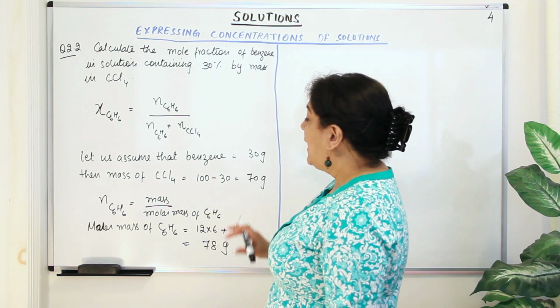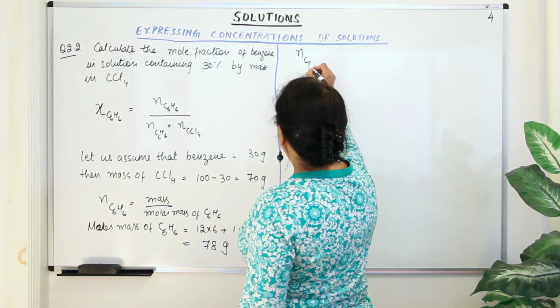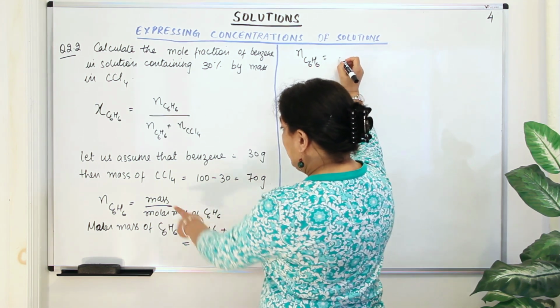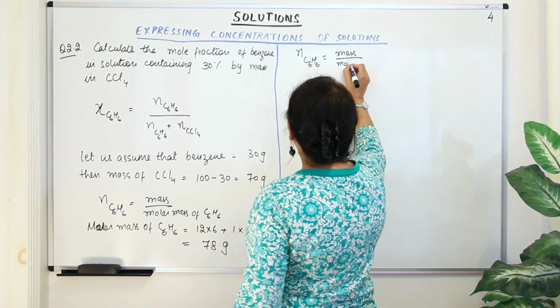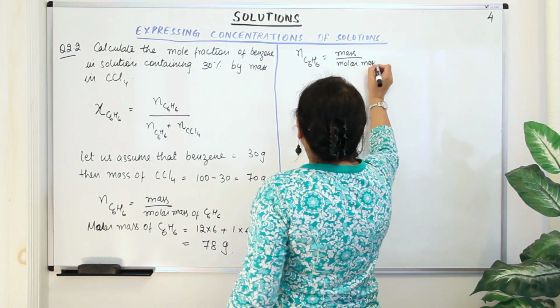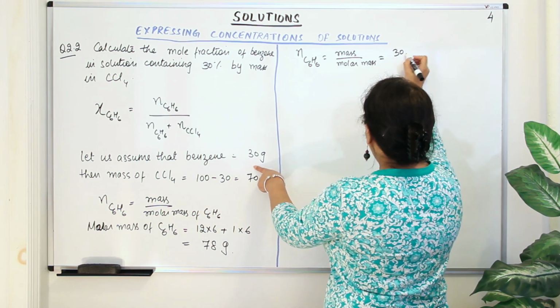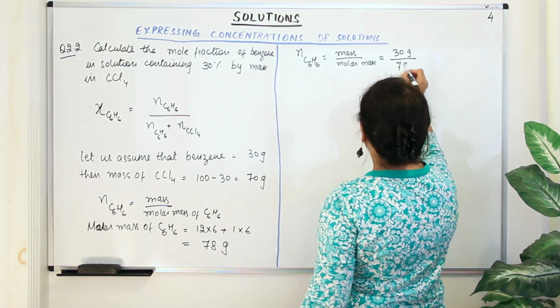From this, you can calculate the number of moles of benzene. Therefore, the number of moles of C6H6 would be equal to the given mass upon the molar mass of benzene. And the given mass of benzene is 30 grams and the molar mass is how much? 78 grams per mole.